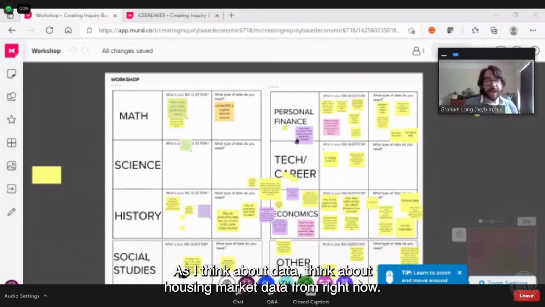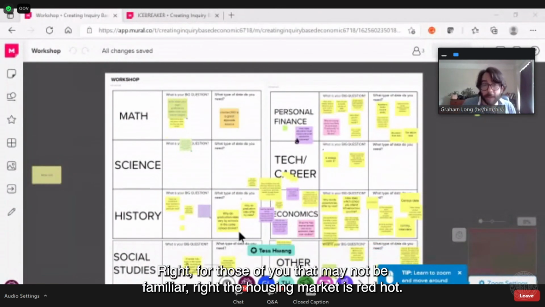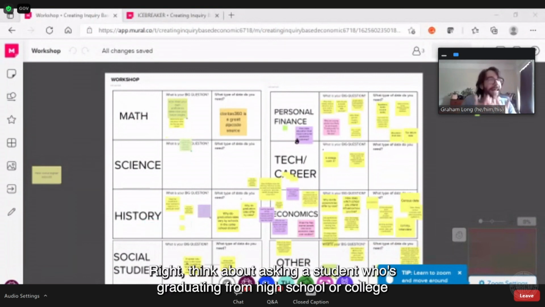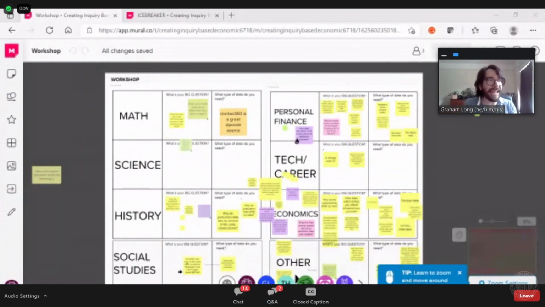Again, as I think about data, and I'm riffing off this question of renters versus owners, think about housing market data from right now. For those of you who may not be familiar, the housing market is red hot, right? Think about asking a student who's graduating from high school or college about renting versus owning now.